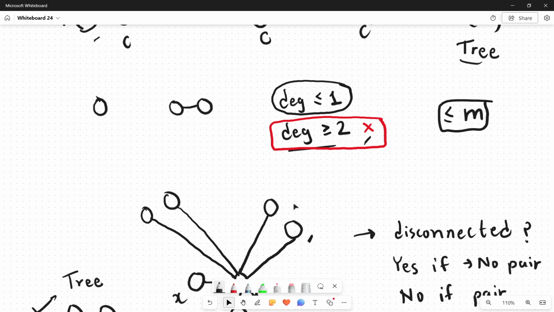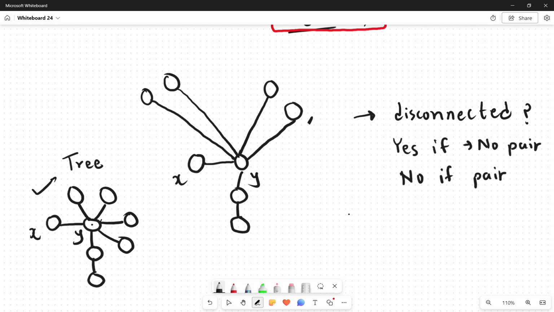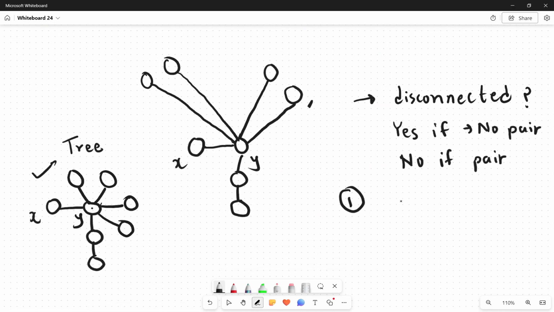Okay, so what about the second step to make it a tree? In one operation, at least I am able to get one vertex included in my tree.